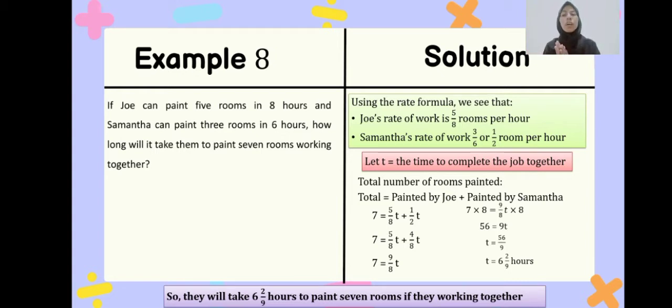So t equals 56/9, or 6 and 2/9 hours. So they will take 6 and 2/9 hours to paint 7 rooms if they are working together.